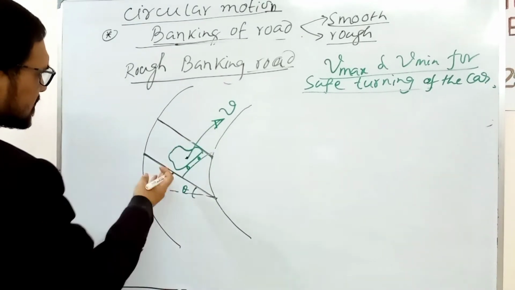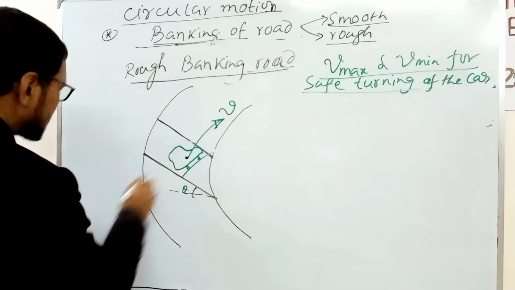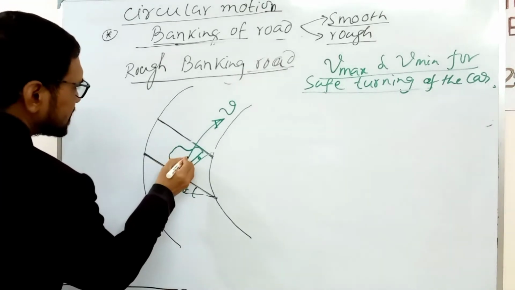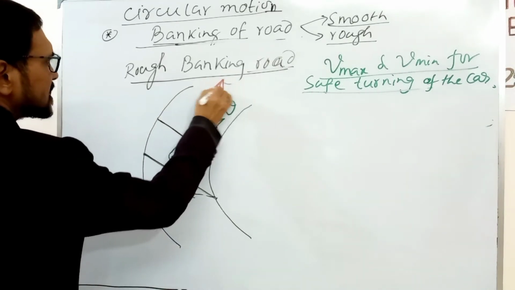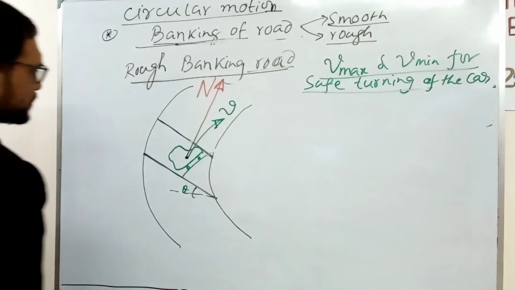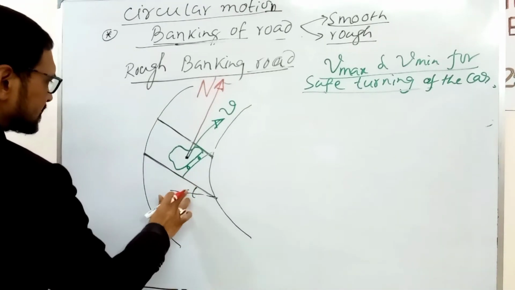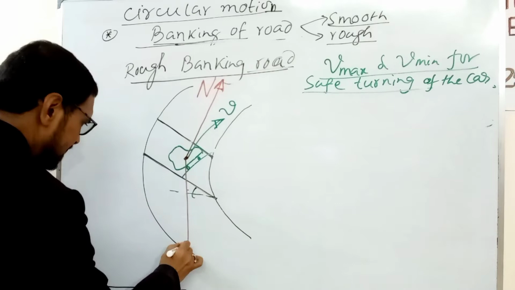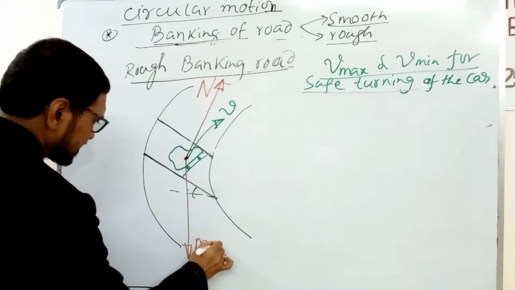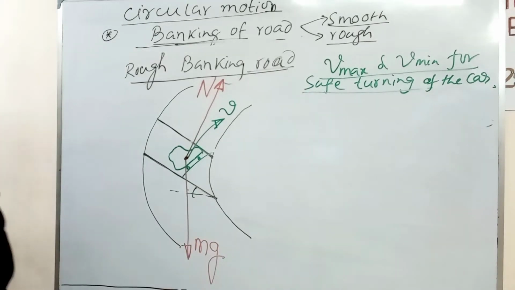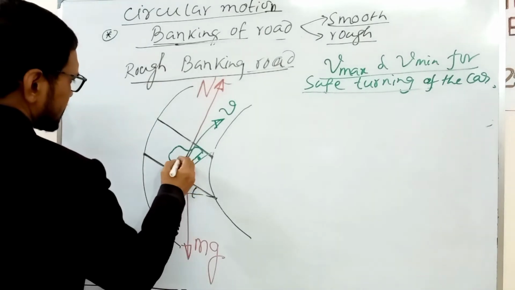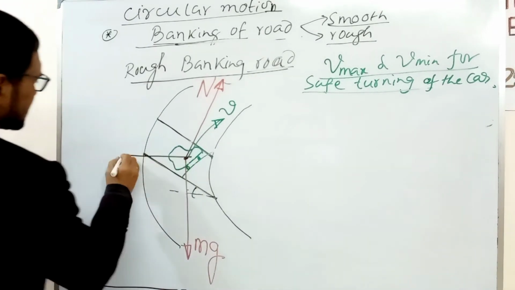Here velocity is v in this direction, so first draw the normal direction. The normal acts in this direction, and weight acts in this direction, and here centrifugal force acts in this direction.